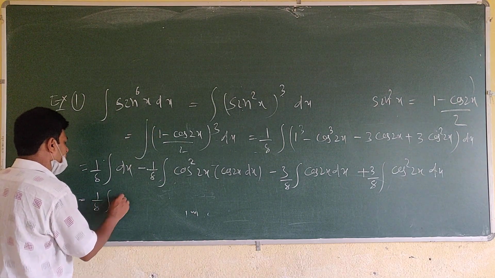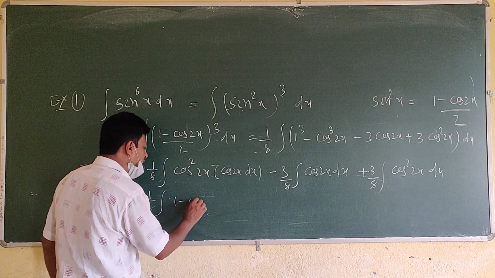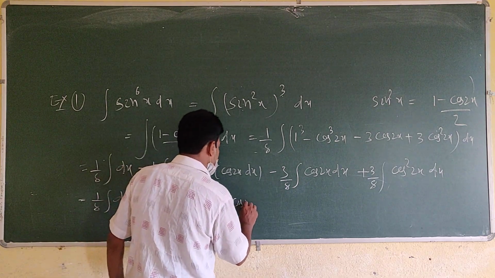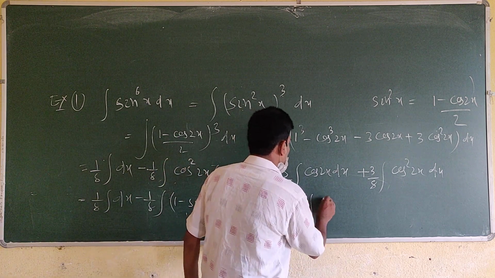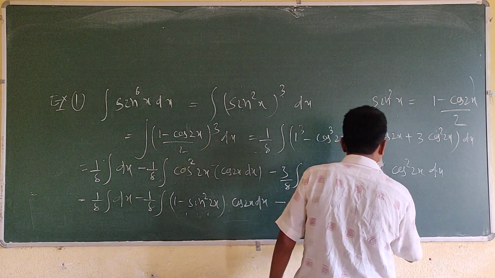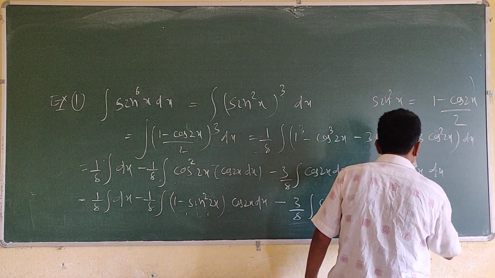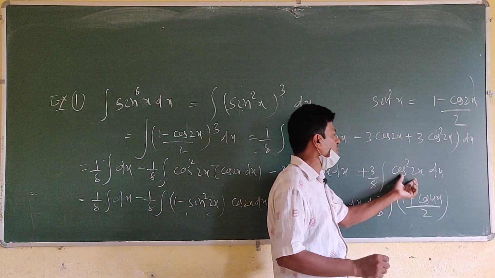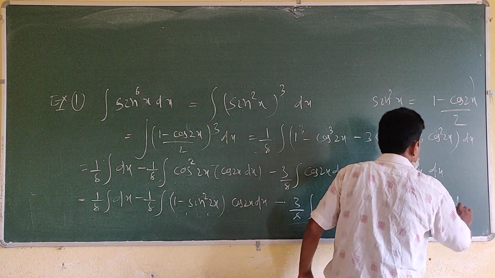Similarly, we have done 1/8 dx minus 1/8 of 1 minus sin square 2x into cos 2x dx, minus 3/8 cos 2x, which you can easily integrate, plus 3/8, where you can use the cos square x form, that is 1 plus cos 4x by 2. Previously I solved the first problem in this exercise 2, so 1 plus cos 4x by 2 dx.